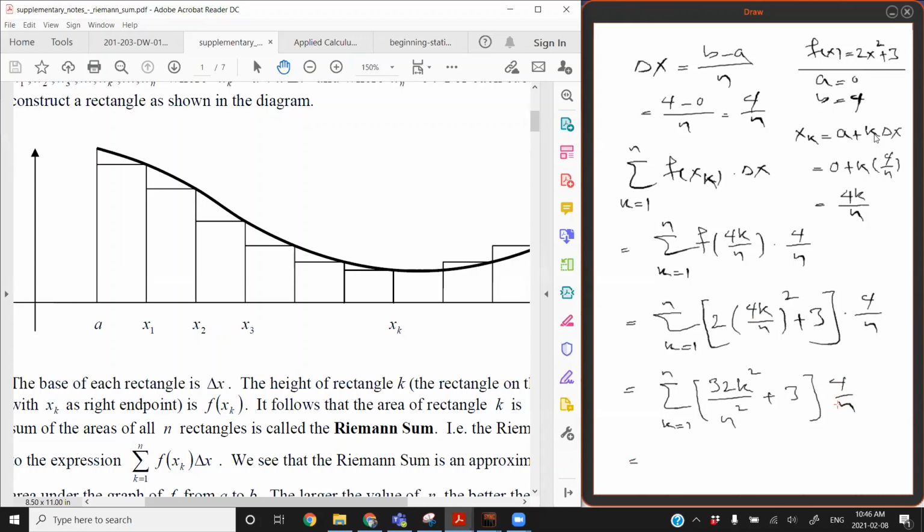And next, I'm going to distribute this. I'm going to get sigma k from 1 to n of, if I do 4 times 32, I get 128.